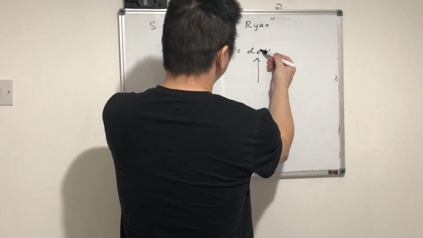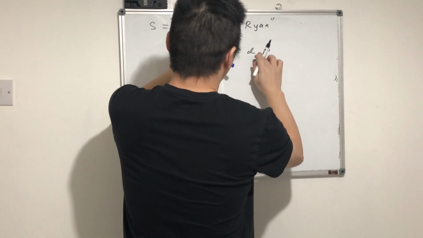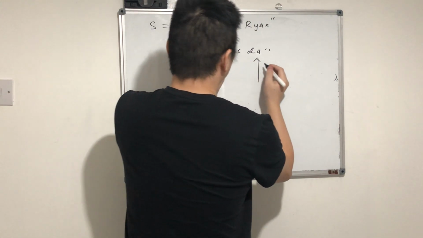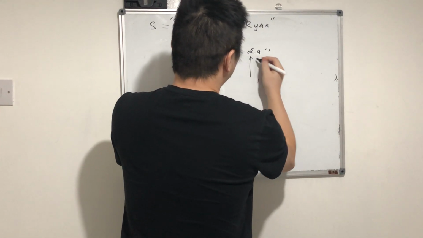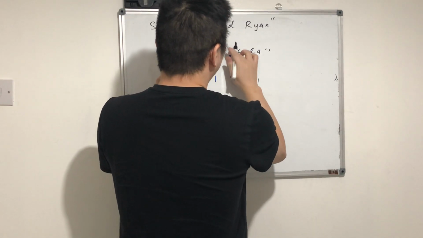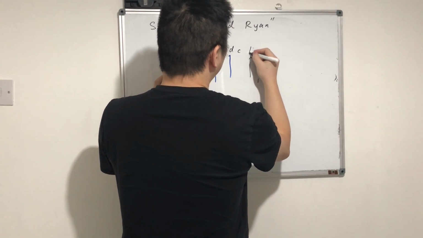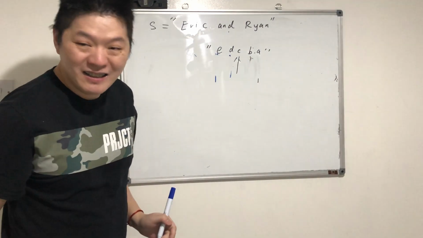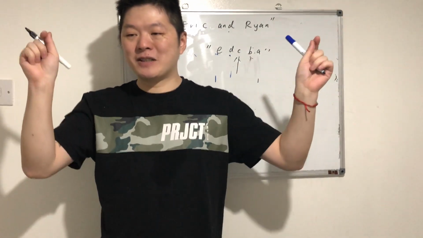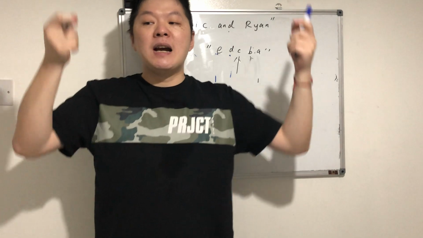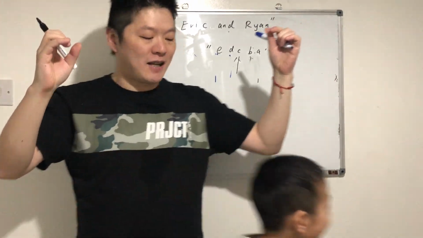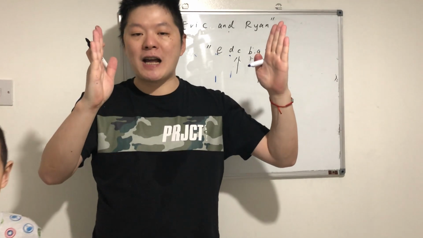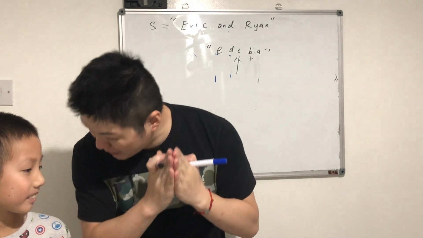I swap these two, so you become E and A. Then I move one step closer and swap these two, you become D and B. And then they meet in the middle, and that's it. I have two pointers at both ends, I swap the elements at both ends, and then I move one step closer to each other until they meet in the middle.